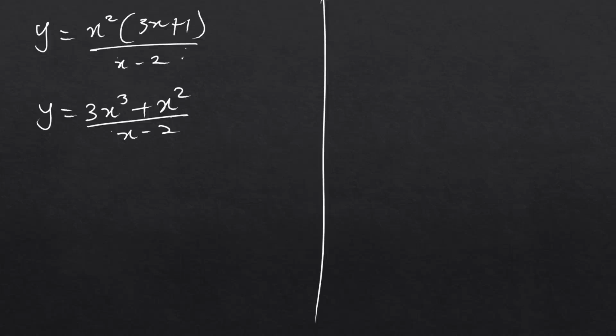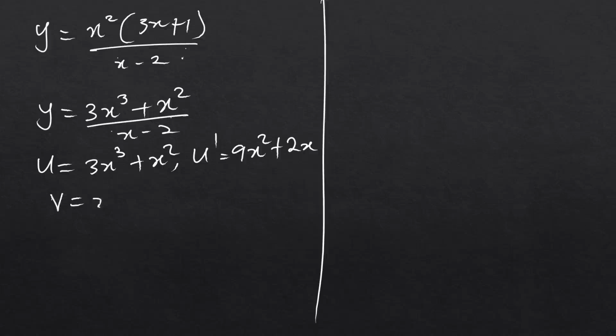Now I can use this as the quotient rule. So I'm going to have that u is given as 3x cubed plus x squared. Therefore, u prime is going to be equal to 9x squared plus 2x. Good. So I'm going to say that v is equal to x minus 2. That means v prime is going to be 1.